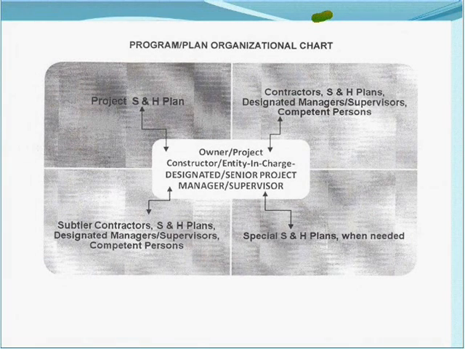Keep in mind that the word competent person means not only that you are qualified, but that you've been designated by that contractor and you have the authority to stop the work.